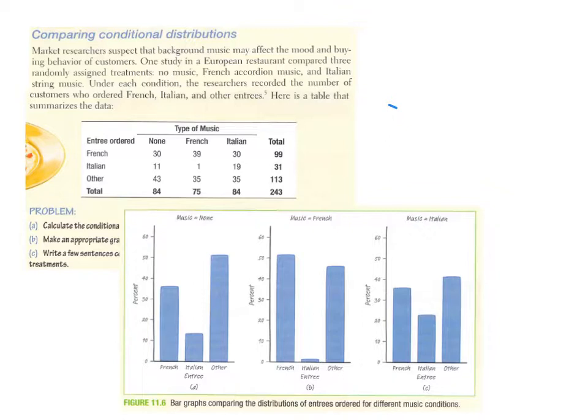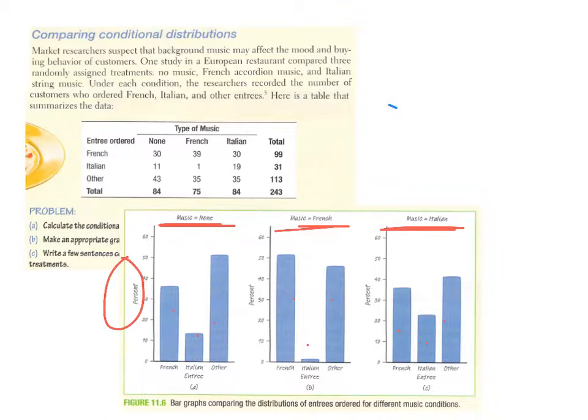Right, our type of music was the thing that we could control, so that's our explanatory variable. So we have a graph for each one of those explanatory variables. On the side here, on our y-axis, we have the percent or the proportion there for our entrees, and we have a bar for each type of entree and each type of music that we listen to.